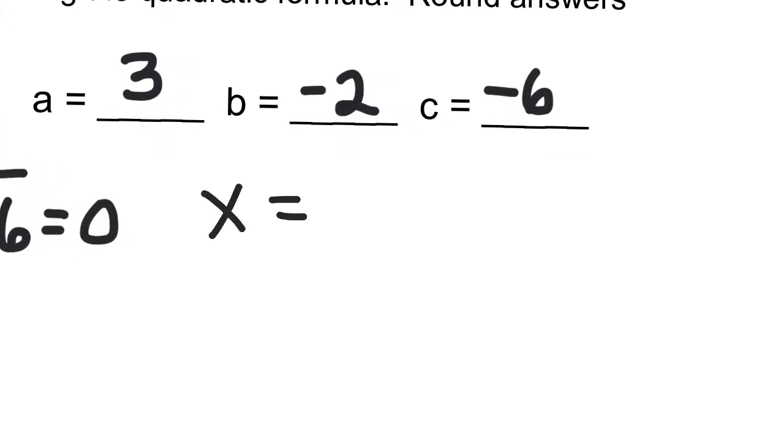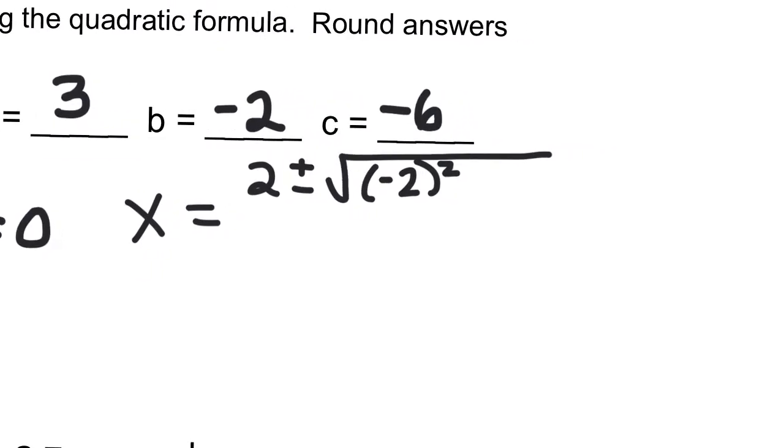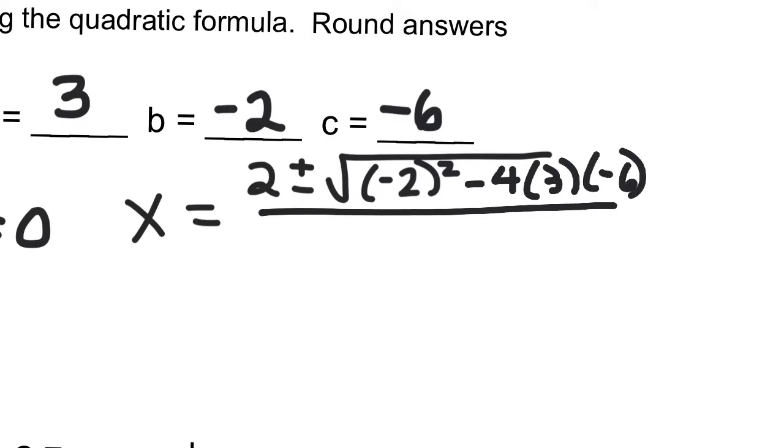X is equal to the opposite of b plus or minus the square root of b squared. Be sure to put that squared in parentheses, minus 4ac all over 2a.